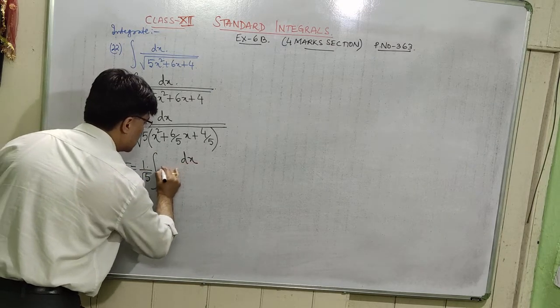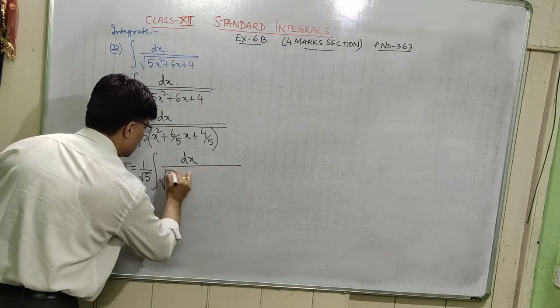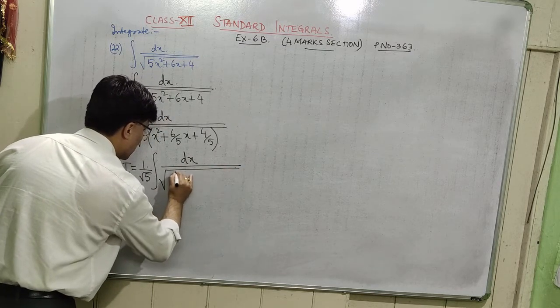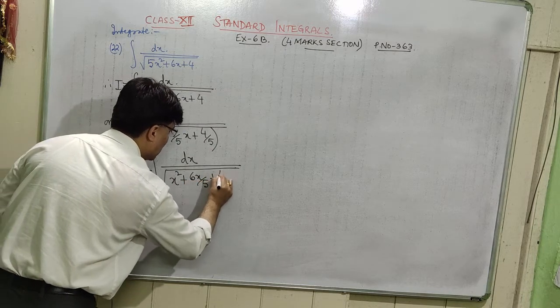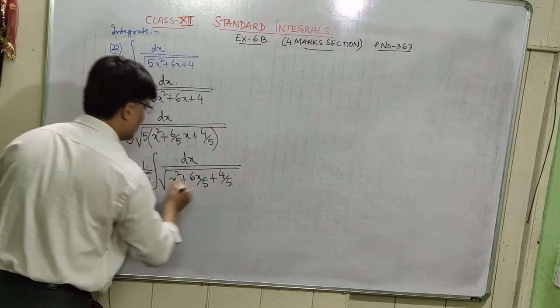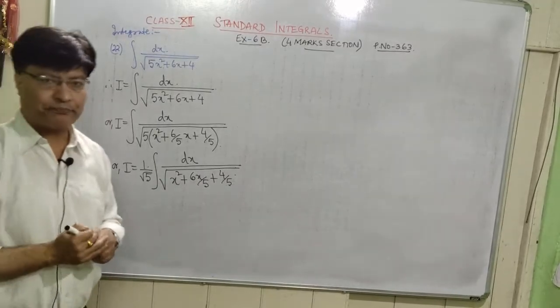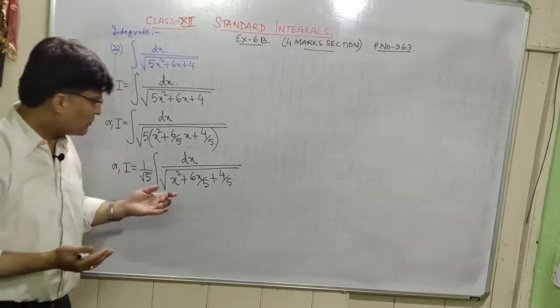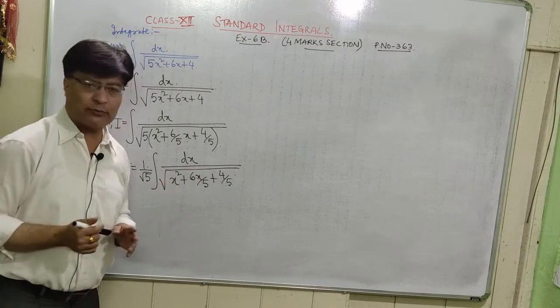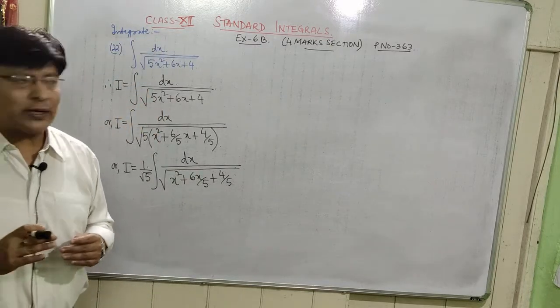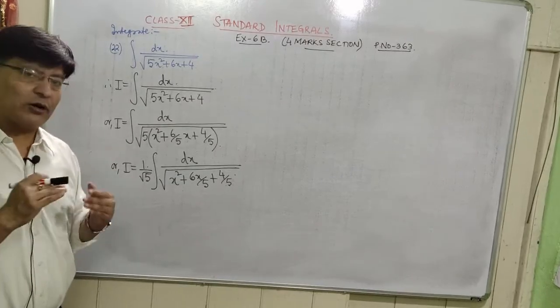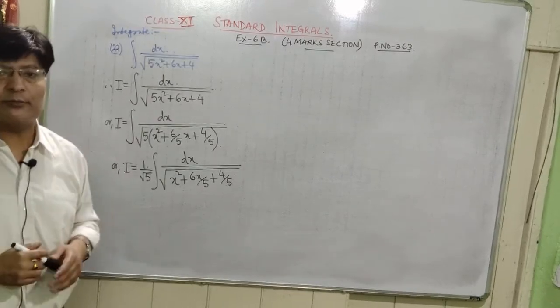So it is integral sign dx divided by root over x square plus 6x upon 5 plus 4 upon 5. Okay? So let us convert this x square and the term containing x in terms of perfect square, that is a square plus 2ab plus b square form, or it may be a square minus 2ab plus b square form.